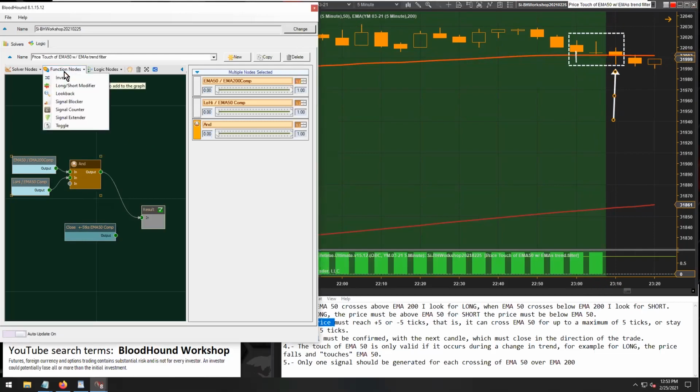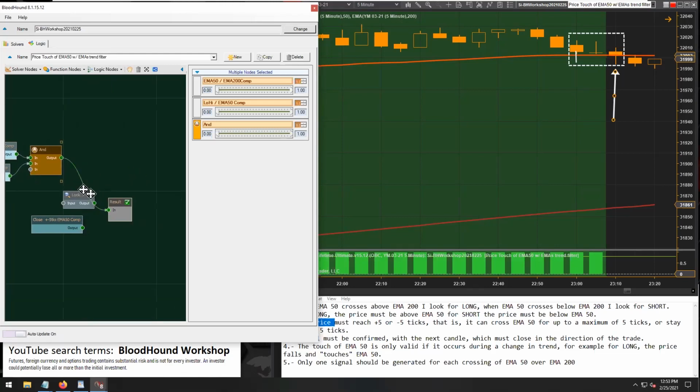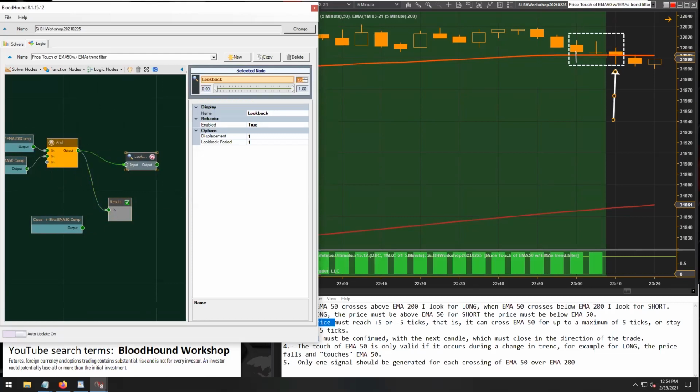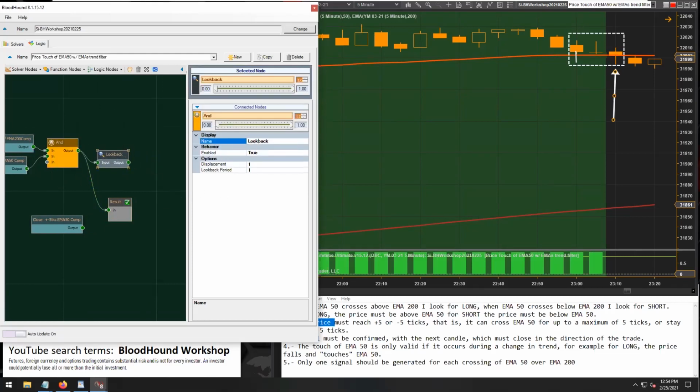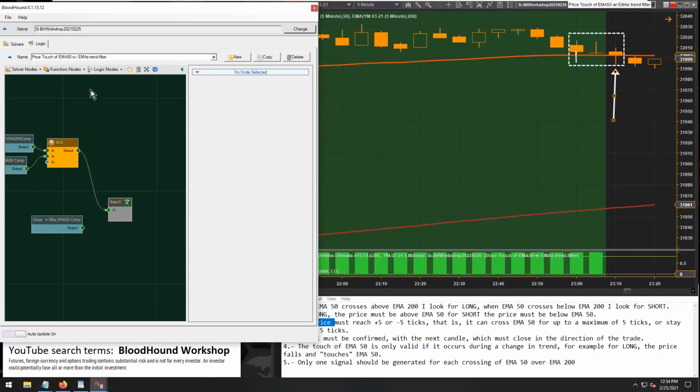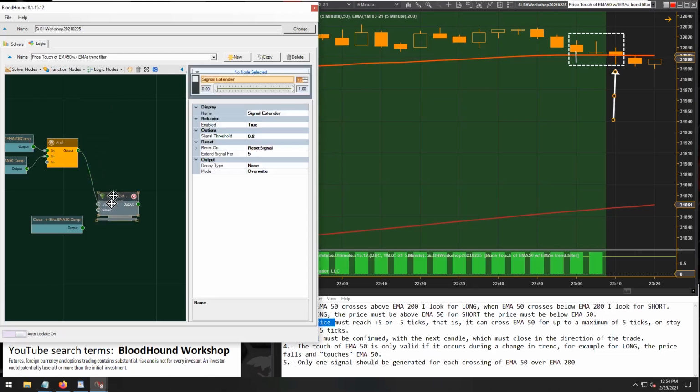So what we're going to use, I could use the signal extender or the look back node, and I'll just grab the look back node here. And with the look back node, we don't want the displacement. No, instead of the look back node, because of this specific situation, I'm going to use the signal extender instead.